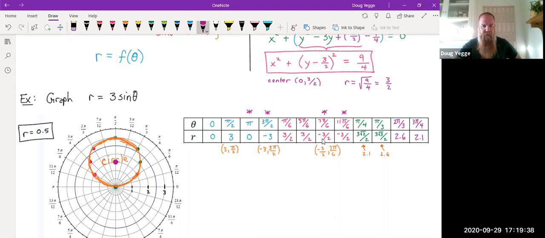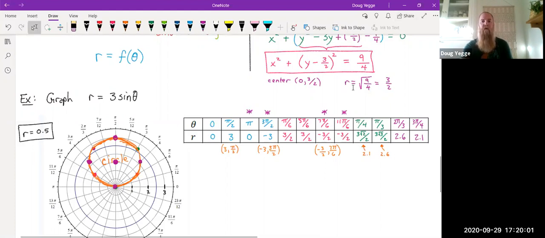So that's why I would go 3/2 up, 3/2 down, 3/2 to the side, and 3/2 to the side. And sure enough, notice that it is in fact a circle. We didn't have to convert it into rectangular form to see that it's a circle because plotting some angles with their corresponding ratios gave me that same result.